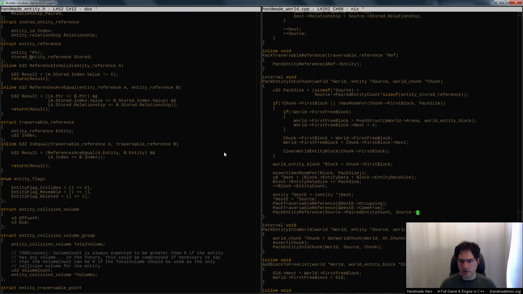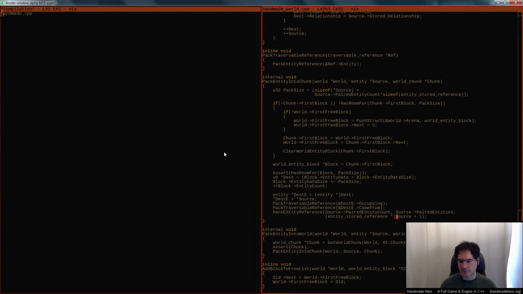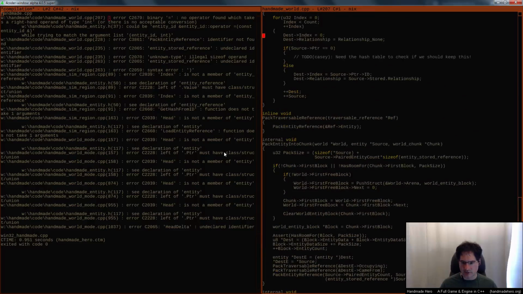And then we know that the source's paired entities is the array that we're coming from. And then finally, we know that the dest is the amount that we added in our pack size that's after the source. We know where that is as well. And we're going to want to make this a little more systemic, but we know exactly where the entity stored references live as well. They live out here. So that's the packing code.